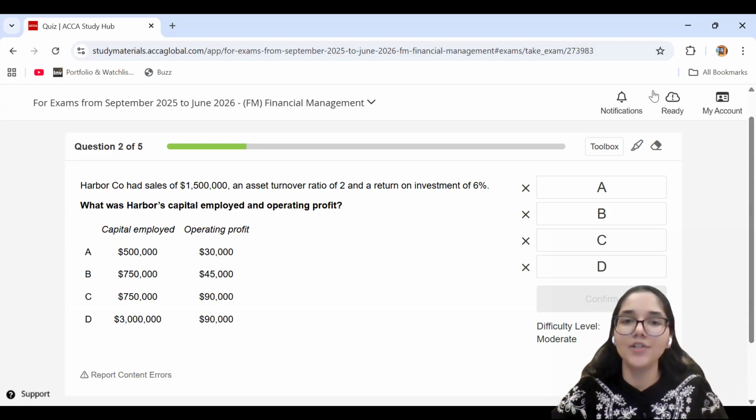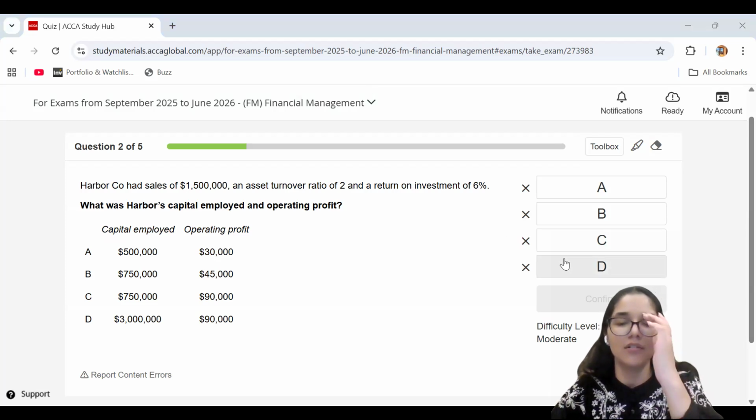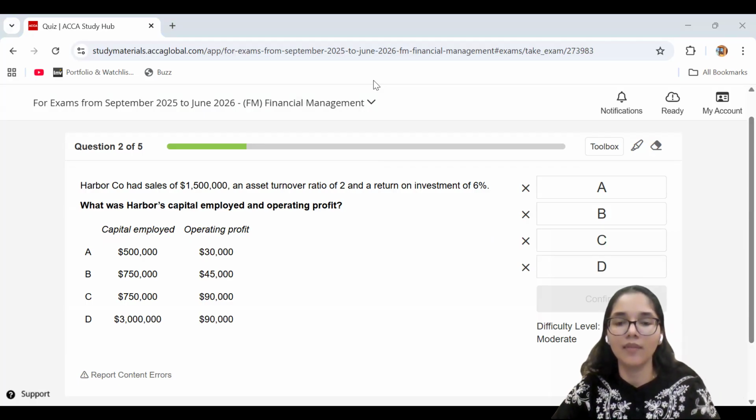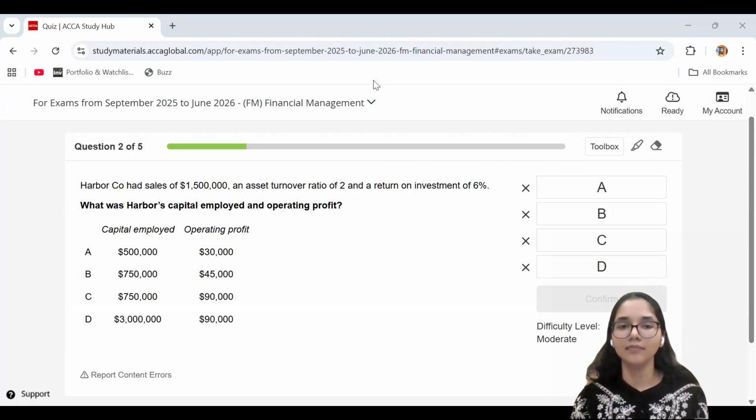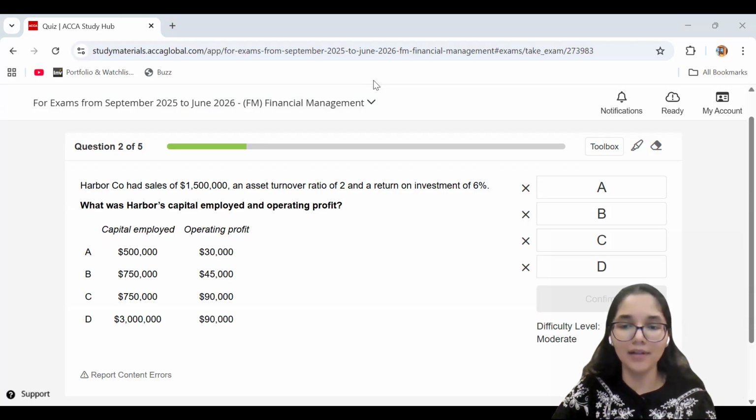What's the formula that you have studied for the asset turnover ratio? Yes, it is sales upon capital employed.